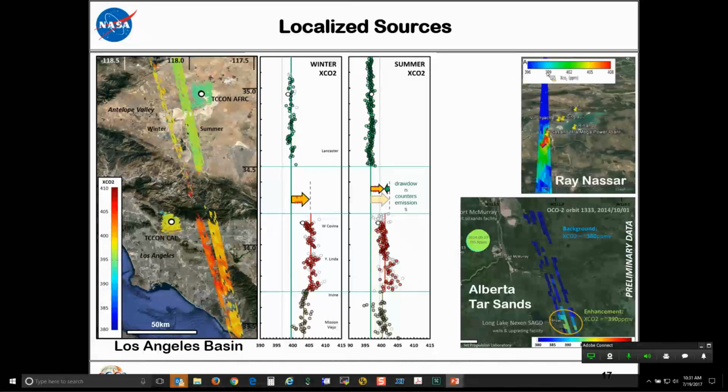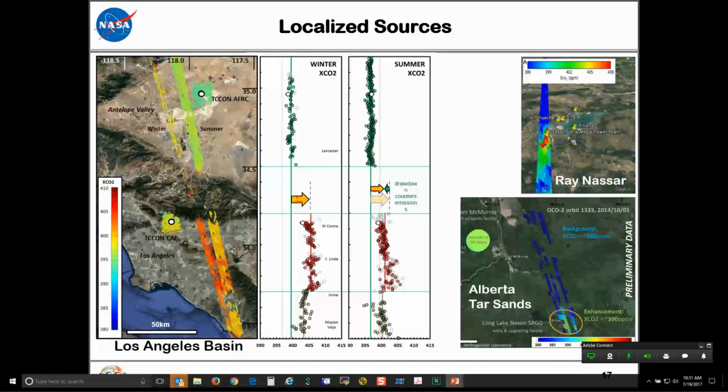Another thing we've been seeing, Ray Nasser's done this work, is overflights of individual power plants. We were searching for individual power plants that we might have actually crossed over the top of. We didn't actually know about this particular one. We were looking for the plumes from these power plants over here, which are in India. We, in fact, did detect those plumes, but we also detected a plume that was far, far more intense than we expected, 10 parts per million or so above the background.